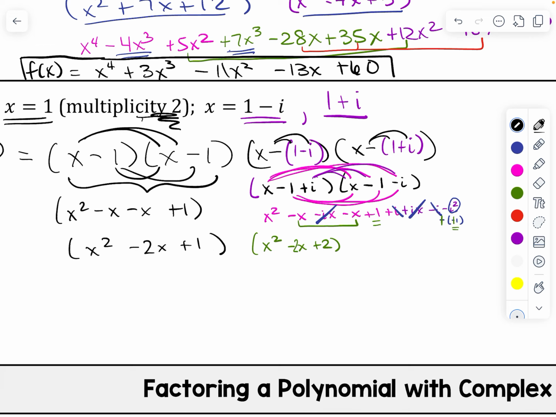And lastly, we're going to distribute these two again. So we're going to go first, middle, last. And do it again here. We go middle to the first, middle to the middle, middle to the last.